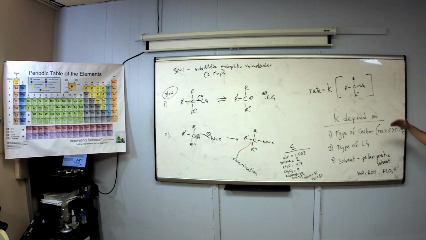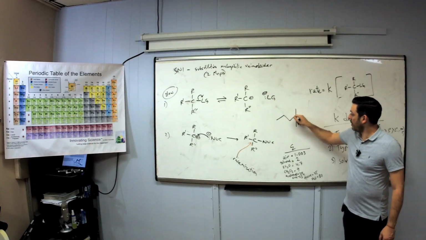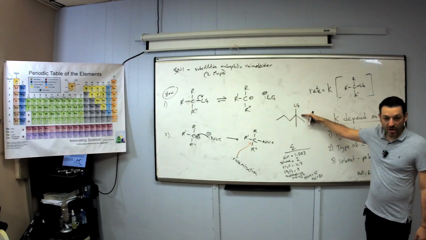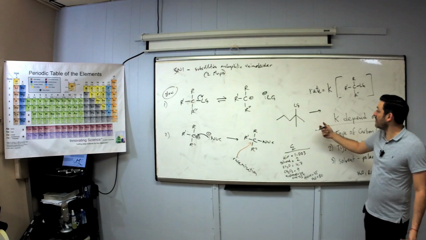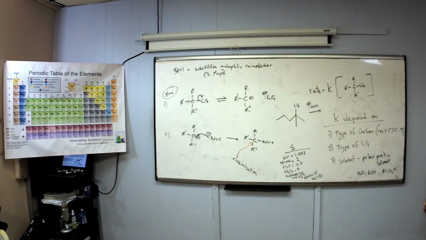So to me, the most important thing that drives the rate of an SN1 reaction is the solvent. Of course you need a leaving group, and of course you need a carbon that helps you do this, right? But if I had a compound like this with a leaving group on a tertiary position, and I even had some nucleophile, it's not going to go SN1 unless I have the correct solvent to enable the dissociation.